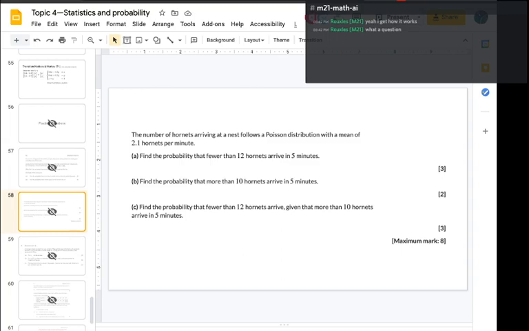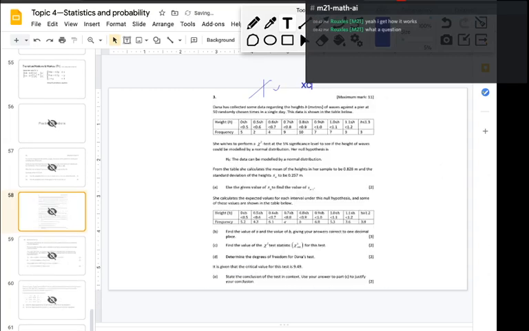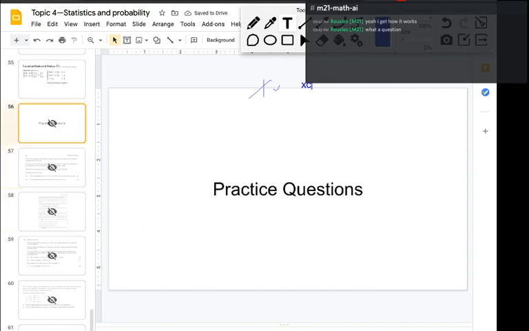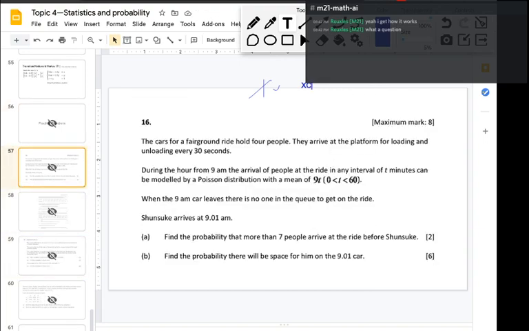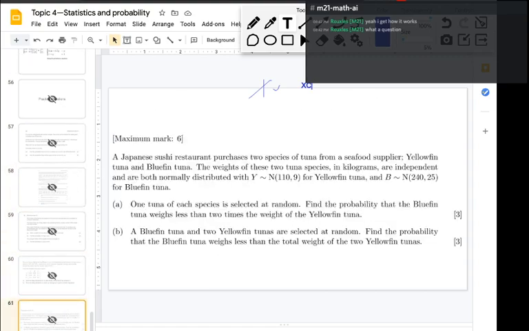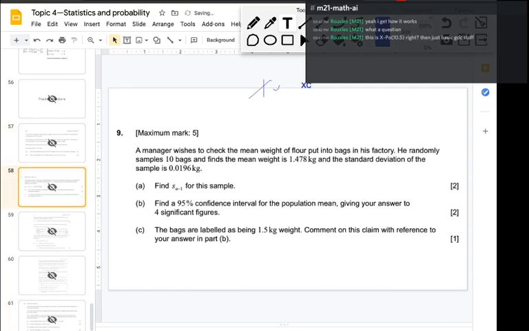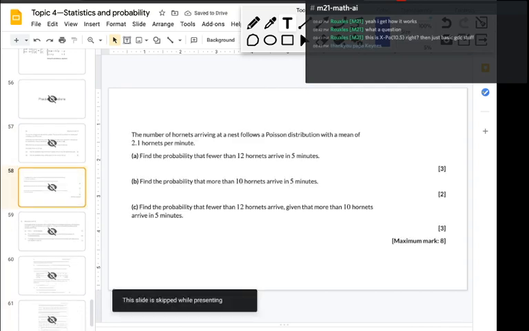Oh, never mind, I can't type. Wait, did I just skip some? Oh no, did I just delete the question? Oh yeah, I just deleted some of the question. You know what? I'll have to do that again.